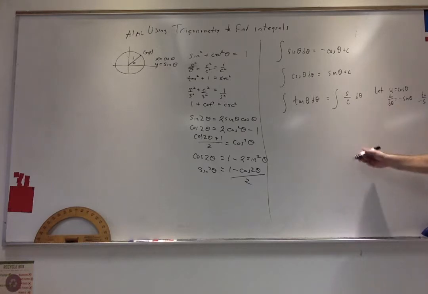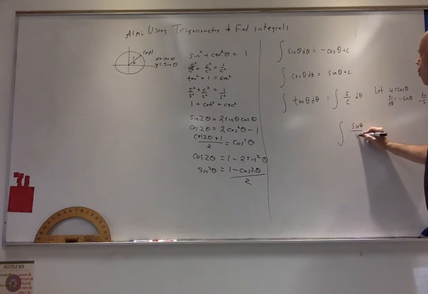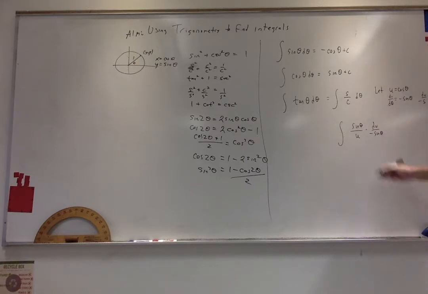We're going to make the substitution, the integral of sine theta over u times du over negative sine theta. We have the integral of negative 1 over u du, which is equal to negative ln of u plus c, which ends up being negative ln of cosine theta plus c.